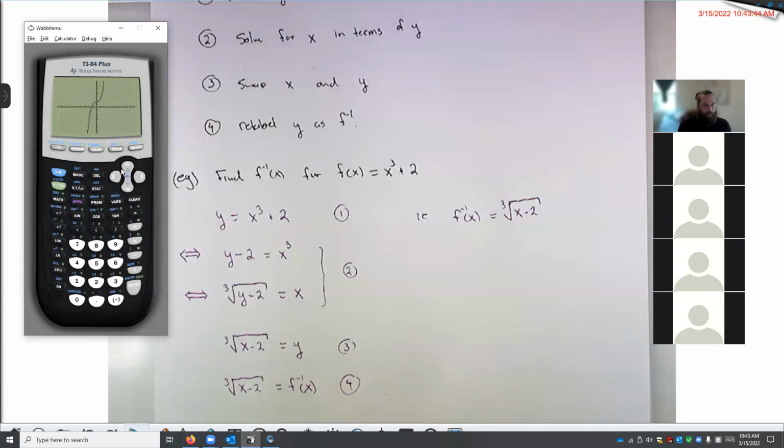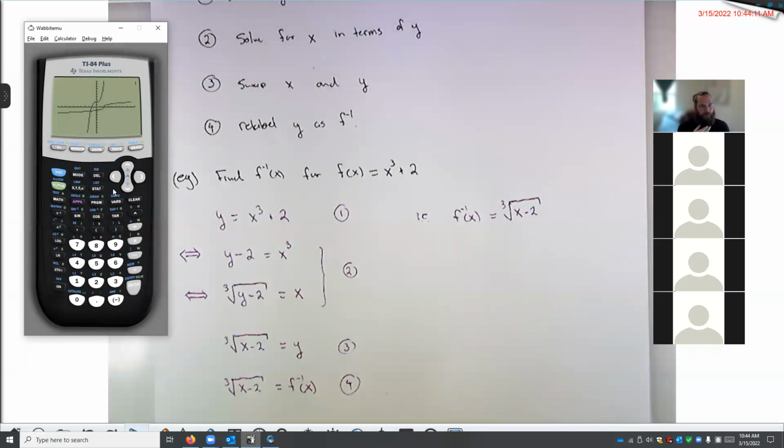So here's the graph of my original function. Let's leave that in there and also graph this guy. I'll type here a cube root of x minus 2. We can hit the right arrow to get out of our cube root, so we make sure we've got everything typed correctly, and now I hit graph.